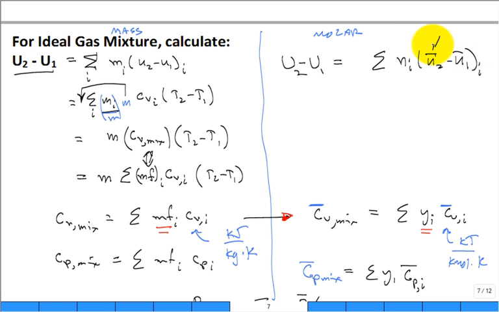What's the bar on top of the lowercase u again? It's on a molar basis, per kilomole instead of per kilogram. And then you would do the same steps right here. You can fill in those little details. But the bottom line is where you want to get to: either you do a mole fraction average of the specific heats or a mass fraction average of the specific heats.